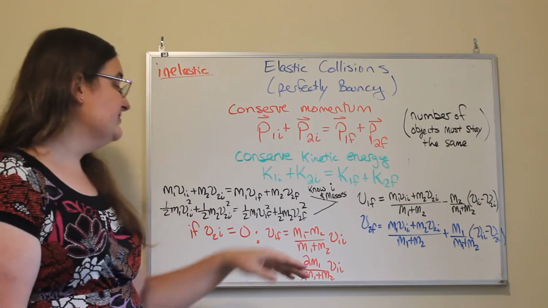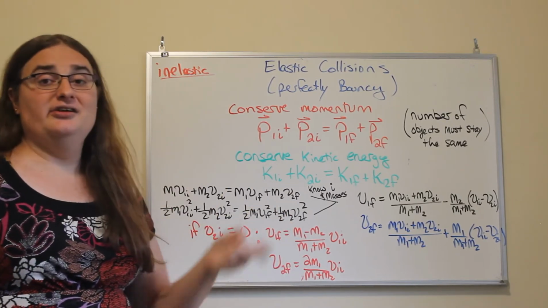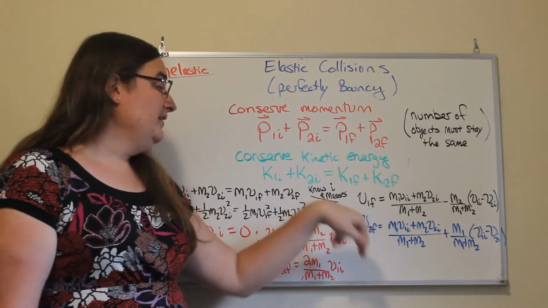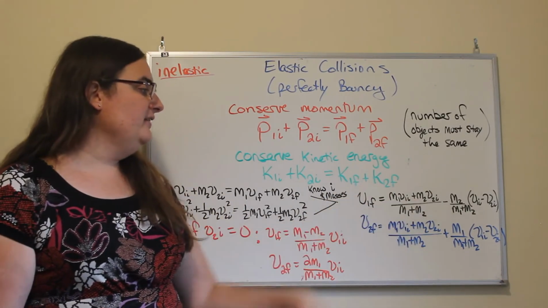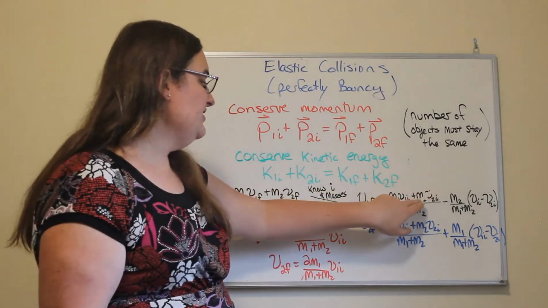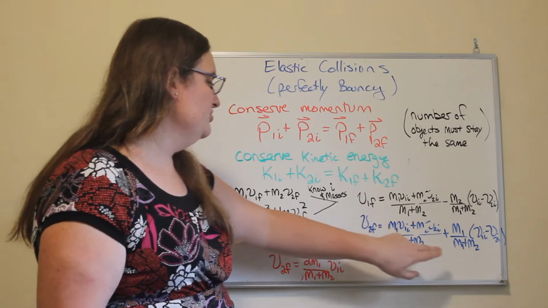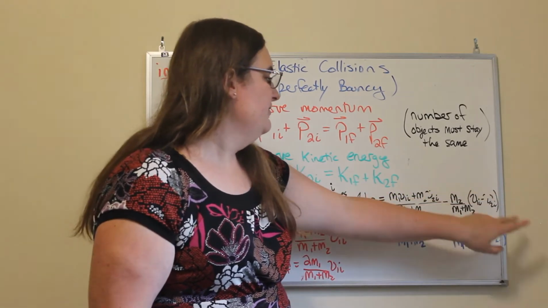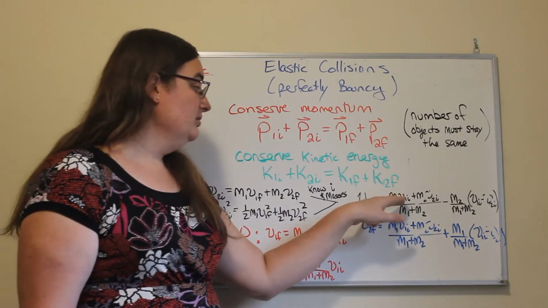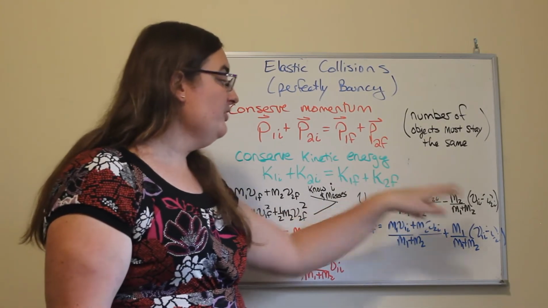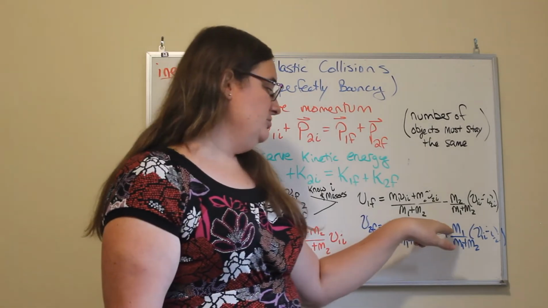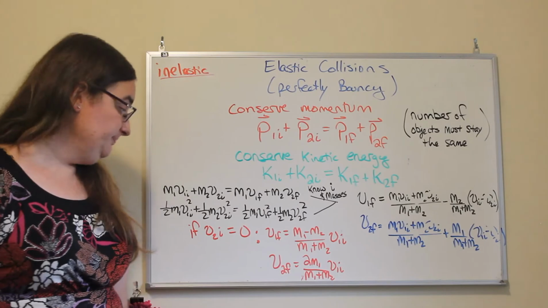Well, if that's the case, the algebra is a lot easier to go through to solve for the final velocities, but from this framework, if I plug in v2 initial equals 0, well, that term goes away, that term goes away, and that subtraction just becomes v1 initial. Well, here I have m1 minus m2, both times v1 initial, and here I have m1 times v1 initial, m1 times v1 initial.